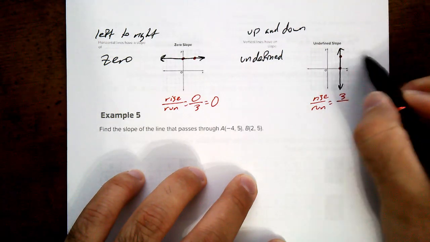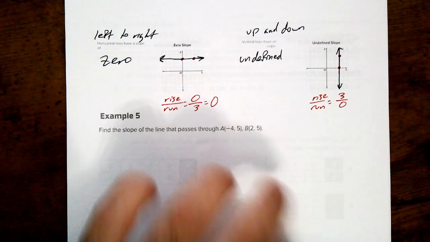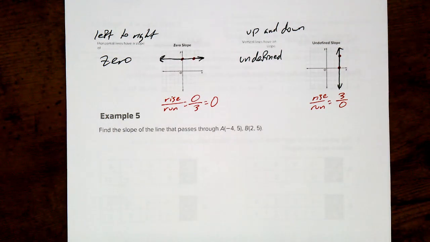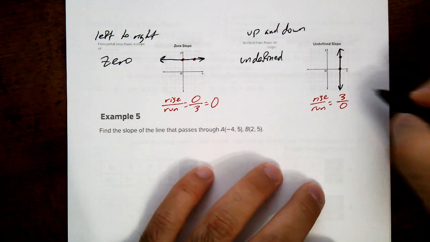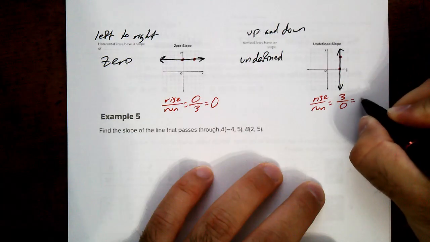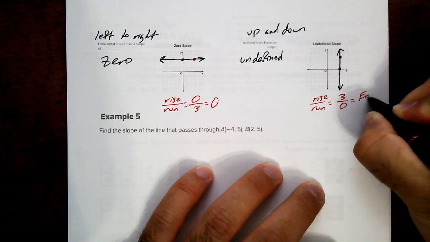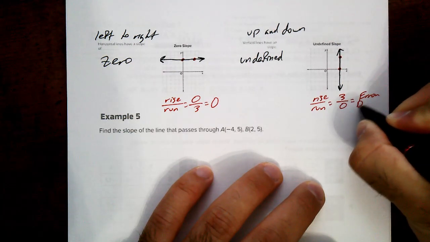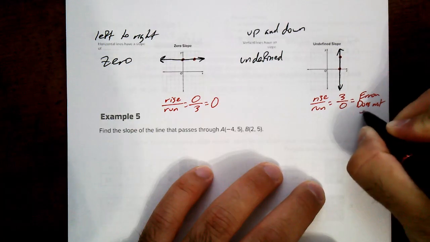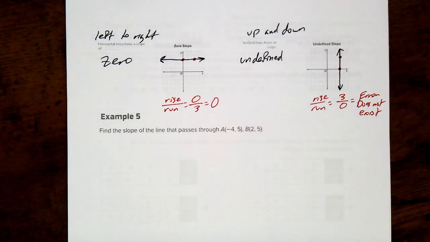My run, my left to right, is 0. What is 3 divided by 0? Again, if you don't know, plug it in your calculator. When you plug it in your calculator, you're going to get an error, because this does not exist.